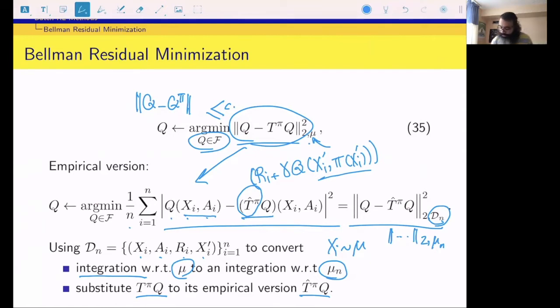So here, instead of this term, we would have something like the summation over actions a prime of pi of a prime given xi prime times Q of xi prime and a prime. So that would be the change.